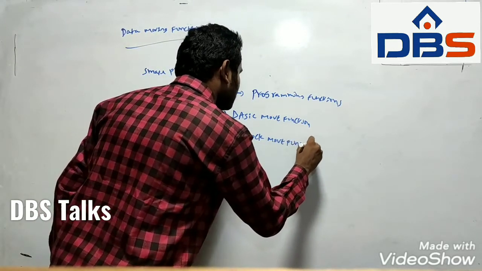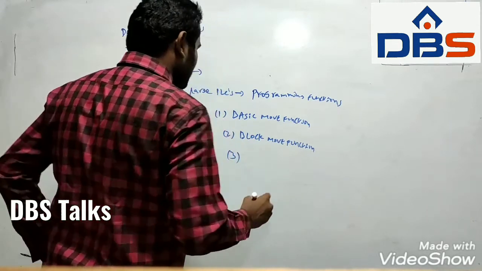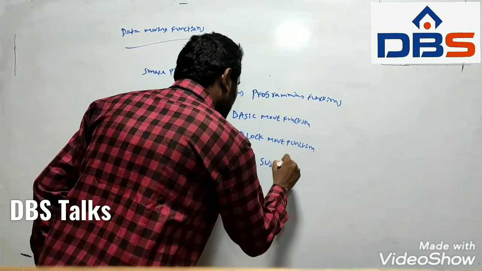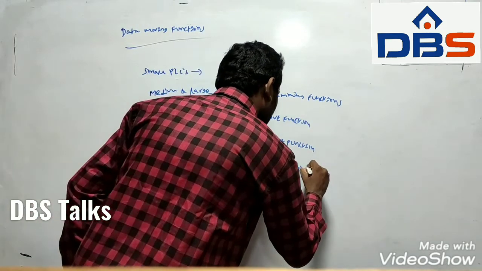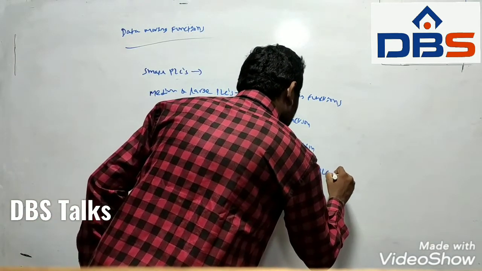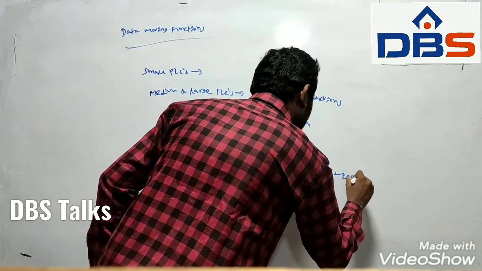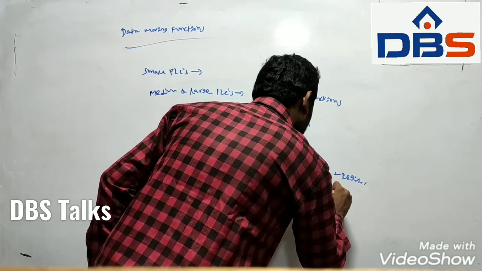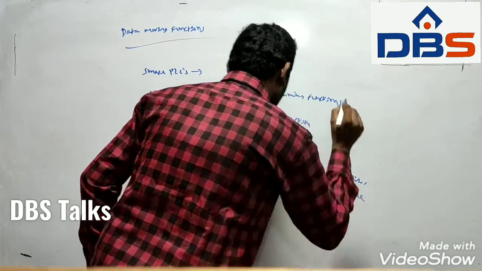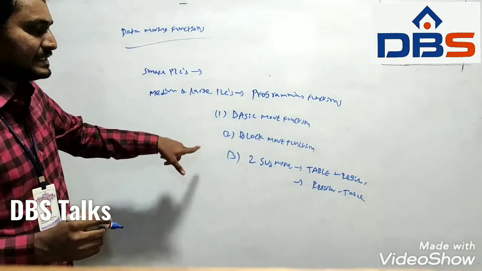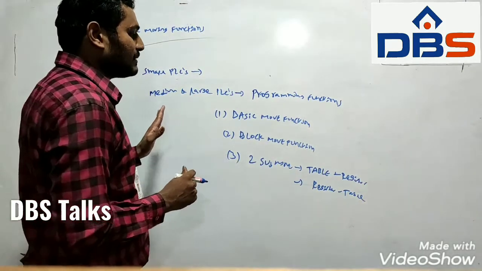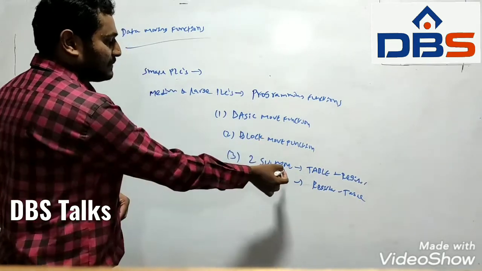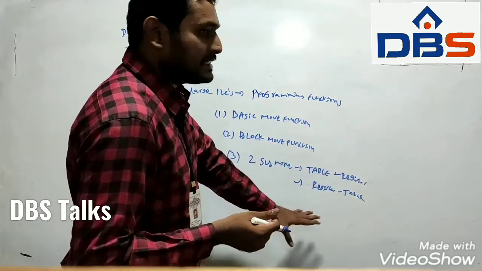Lastly, the third type contains two subtypes, table to register and register to table data moving functions. These are the three types of data moving functions available in PLC: basic move function, block move function, and the table to register and register to table subtypes.